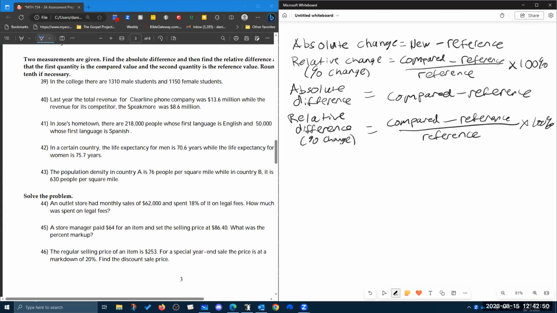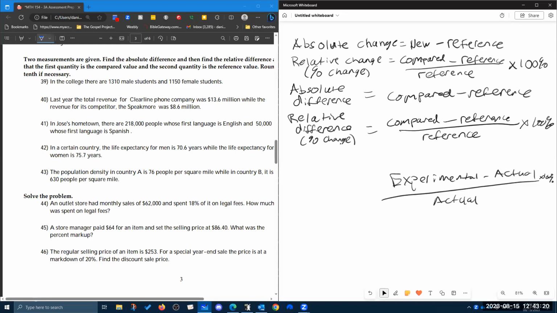If you know what the expected value is, and then you have your experimental value, you'll find the difference between your experimental and your actual, and you'll divide it by your actual and multiply it times 100%.